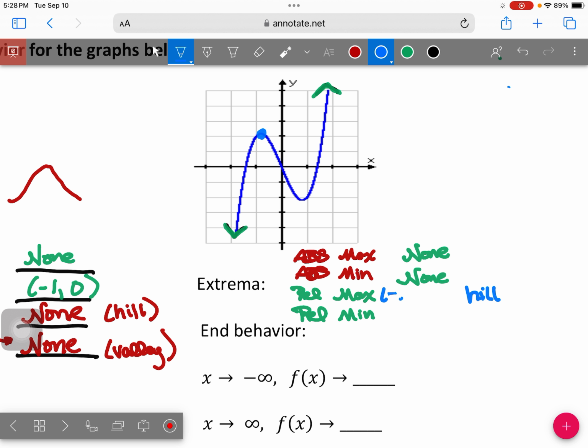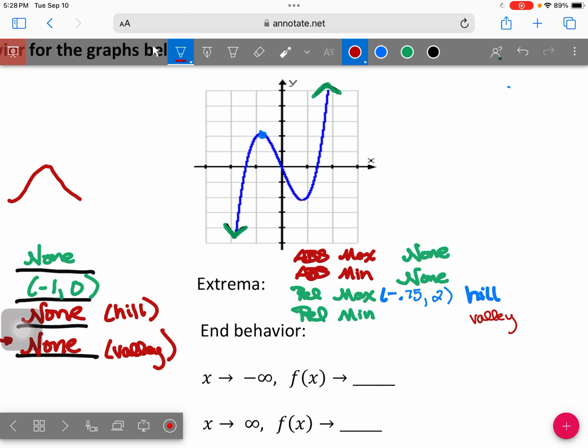So negative 0.75. This is an ordered pair, and it's pretty close. It goes a little bit above 2, but we're going to say that's a 2. So negative 0.75 and 2. That's my hill area right there. My relative minimum is the valley.